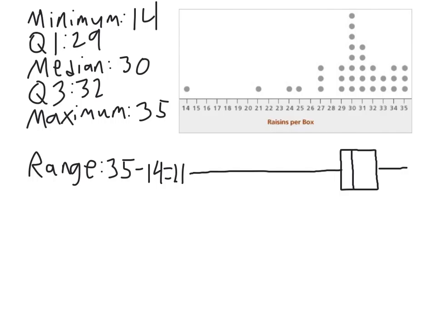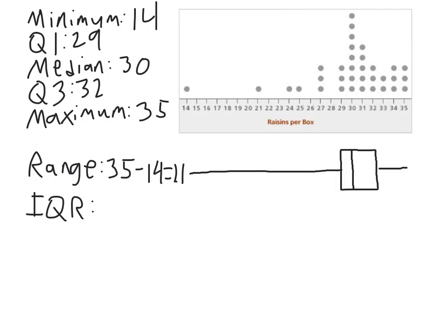Now, you can also use this information to find what's known as the inner quartile range, also known as IQR. That would be taking the two quartiles. So you want to find what's the range of the center 50% of the data.